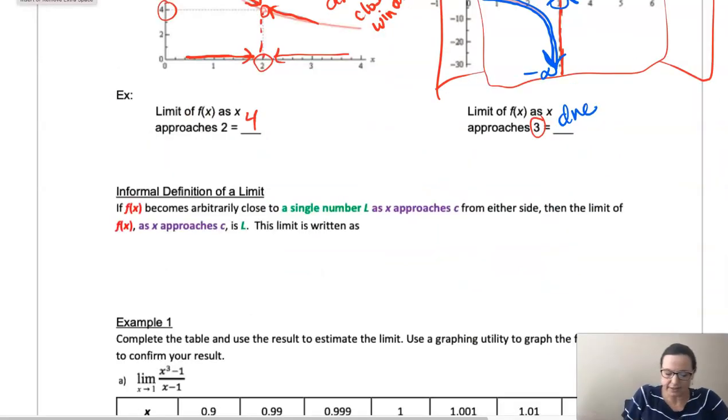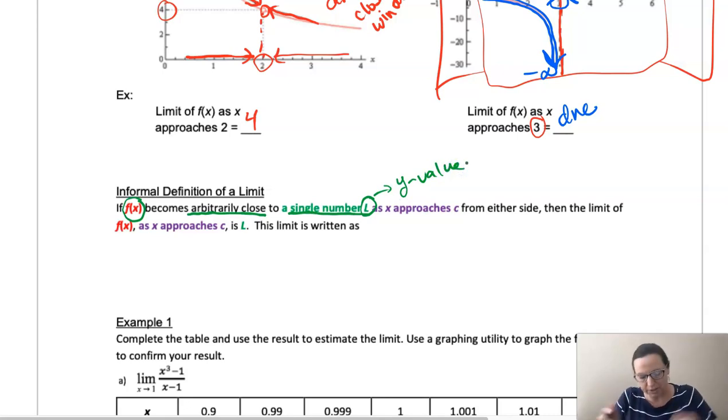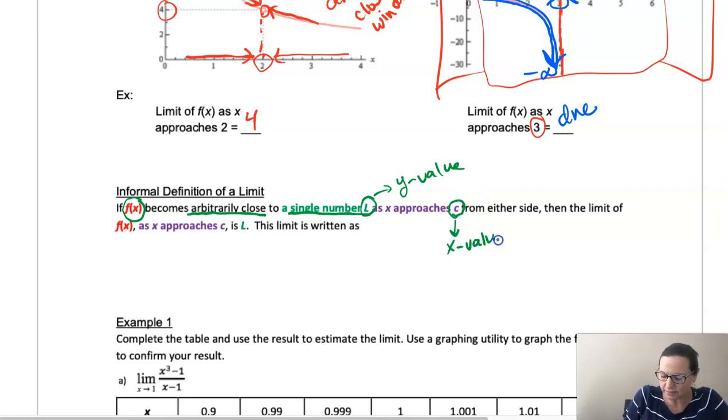So let's take a look down here at an informal definition of a limit. We've looked at what a limit is and how to find it graphically, but let's look at a definition for it. We would say that f of x, which of course is your y value, becomes arbitrarily close to a single number L, so this right here is our y value that our function outputs are getting arbitrarily close to, as x approaches c, so this here would be our x value from either side, from the left or the right.